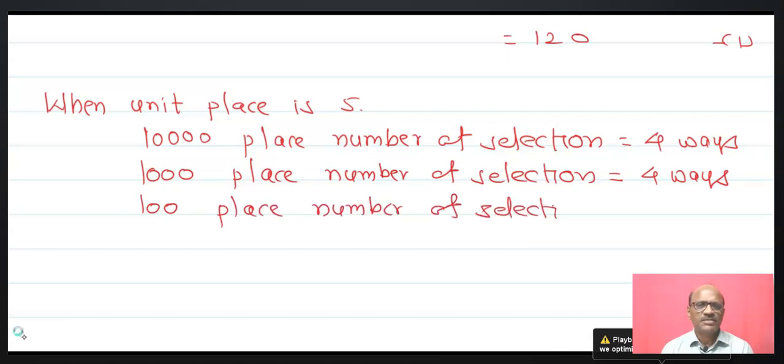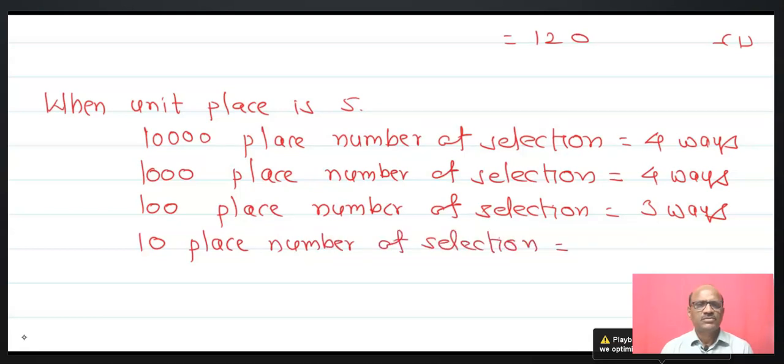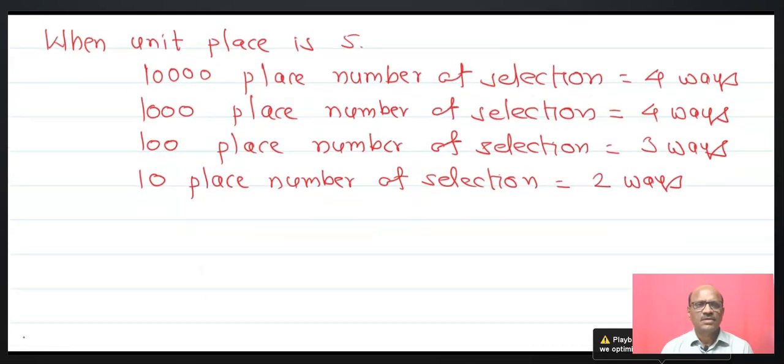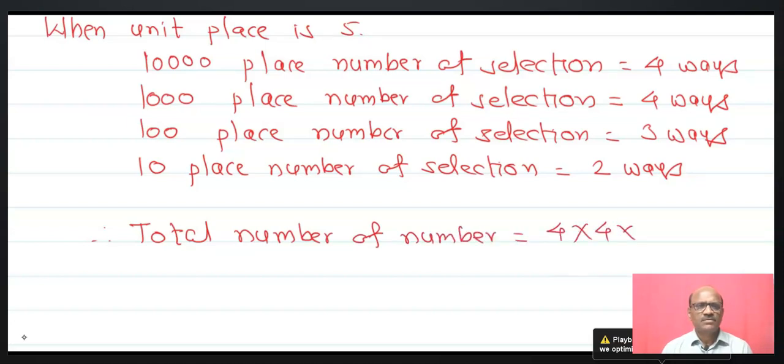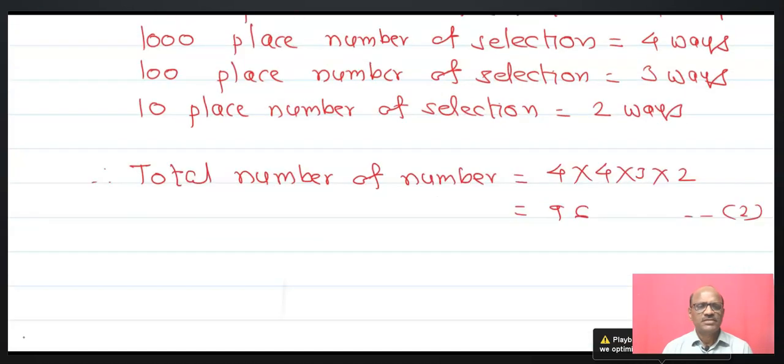And for the hundreds place, the number of selections is equals to 3 ways. For the tens place, that is equals to 2. And the unit place we have selected, it is 1. Therefore, 4 into 4 into 3 into 2, that is equals to 96.